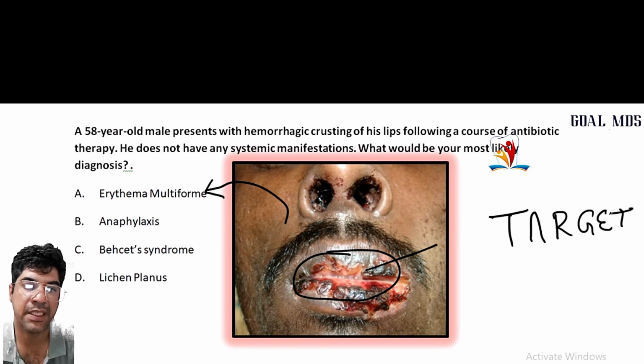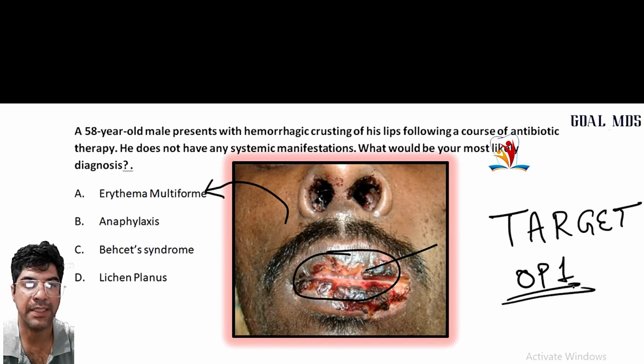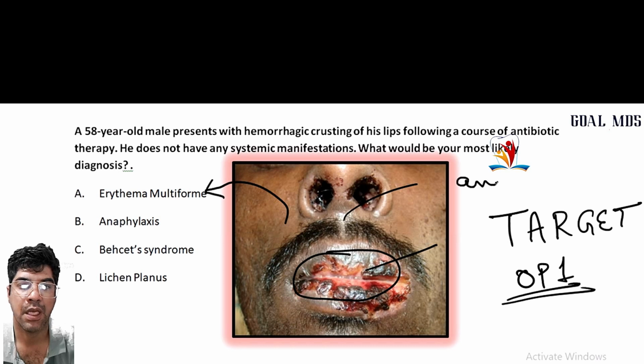That is a skin condition characterized by sudden onset of target lesions. Target lesions we have discussed very well in the OP test 1 video lecture. Just go through that. You will get to know what these target lesions are. So you can see the hemorrhagic crusting of lips that can occur in erythema multiforme.